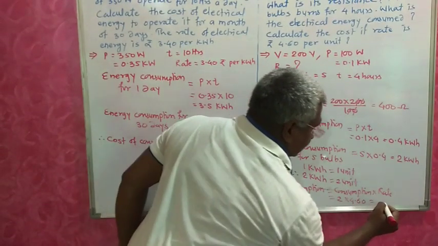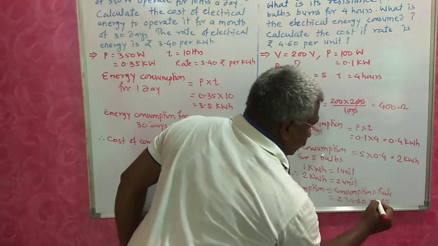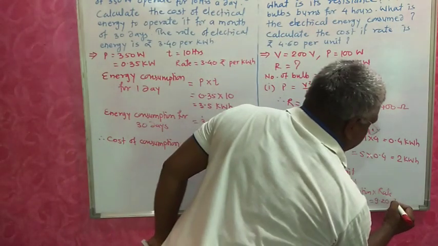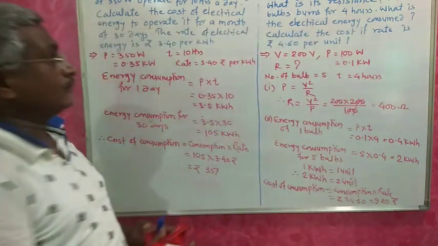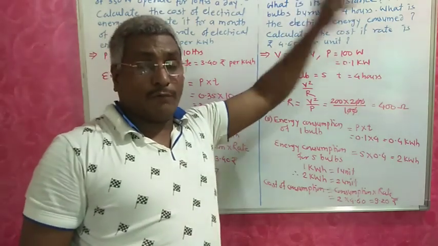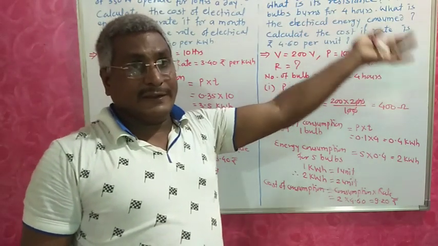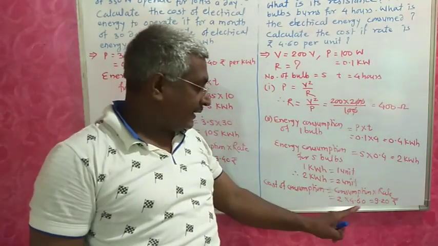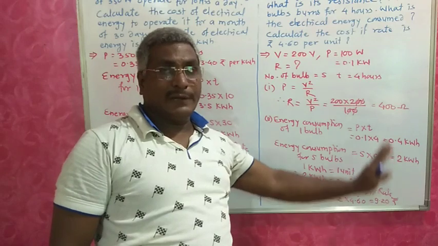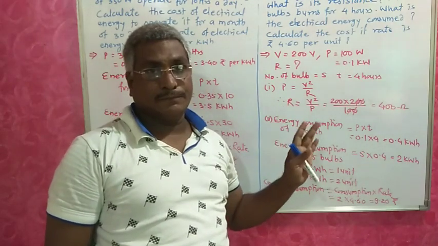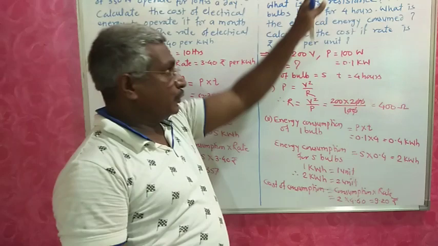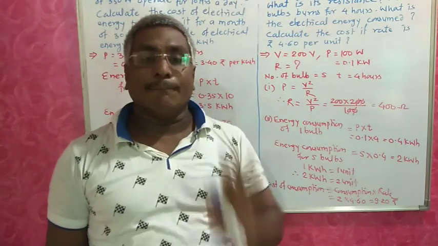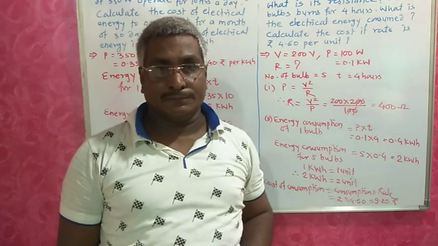So what will we get? 9.20 rupees. That is not for 1 month or 28 days, it is for 1 day. So the cost of consumption for 1 day is 9.20 rupees. Understood, students? So in this way we have to solve the numericals based on power and energy consumption.